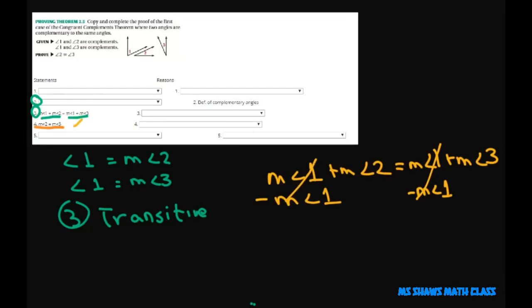So that's called your subtraction property. So number 4 is your subtraction property of equality.